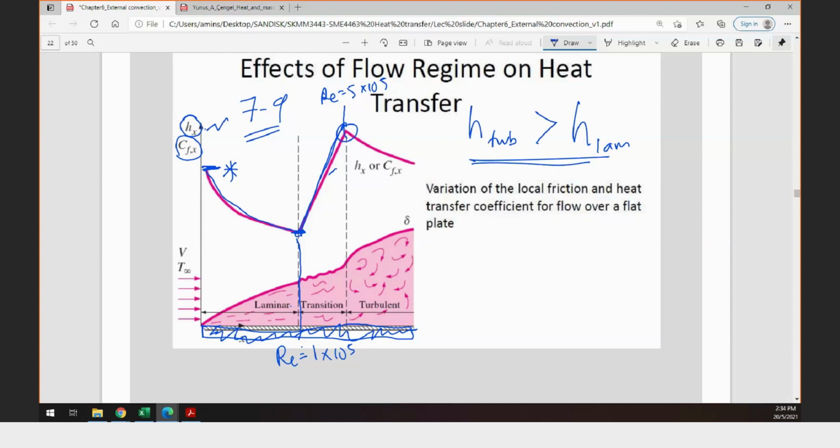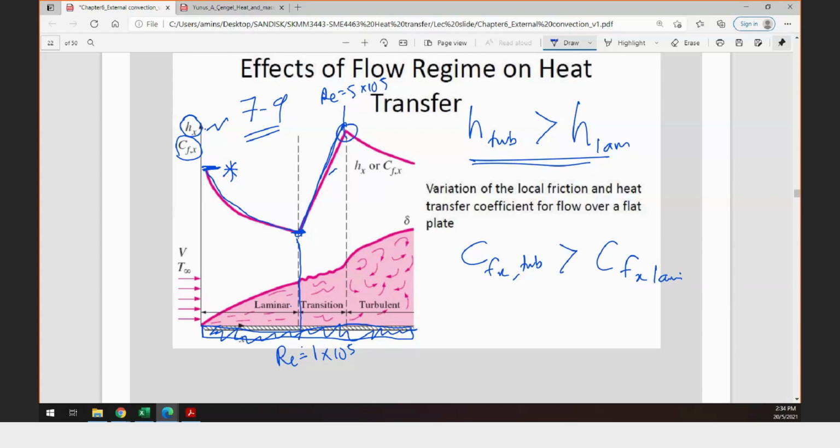This is what this figure explains, the trend. The same goes for the friction coefficient: Cf,x for the turbulent will be higher than Cf,x for the laminar.